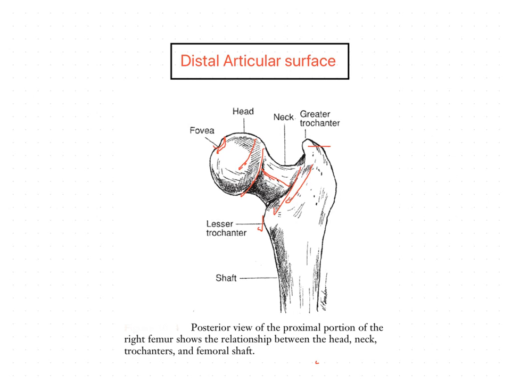Normally the femoral neck is about 5 centimeters long, and the neck is angulated so that the femoral head faces medially, superiorly and anteriorly.